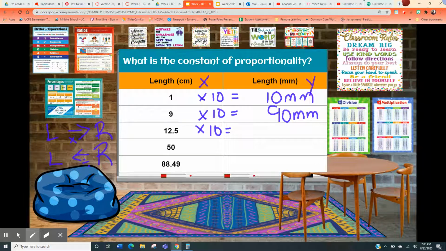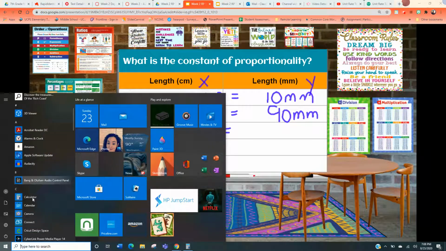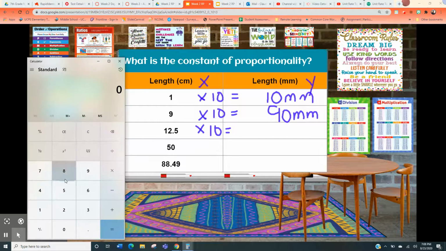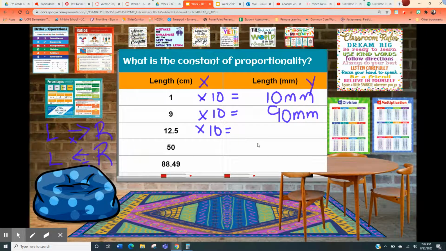So if I take 12.5 times 10, what would it give me? If I were to use my calculator, it's going to be 12.5 times 10. That would give me 125. So let me go ahead and write that in there. And because it's millimeters, I'm putting my mm at the end.